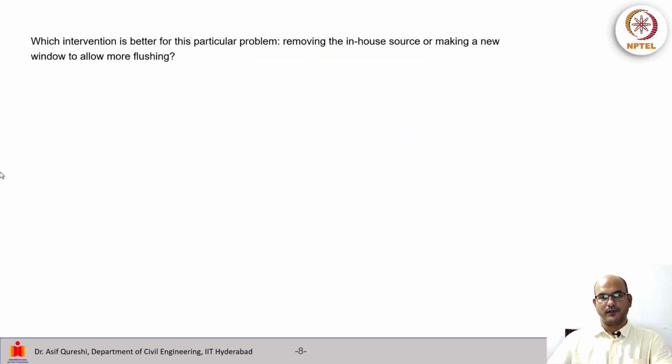So which intervention is better, for C1 or room 1?